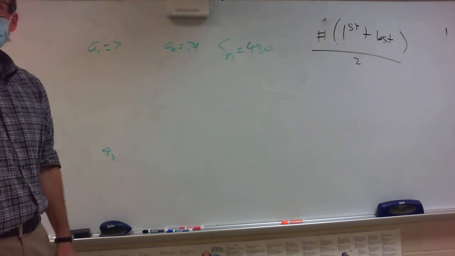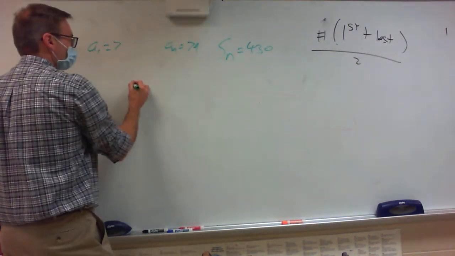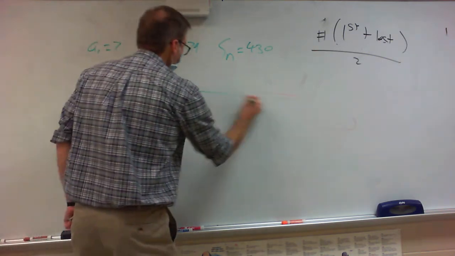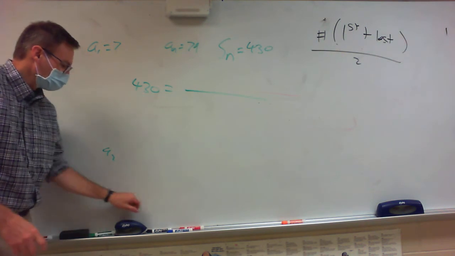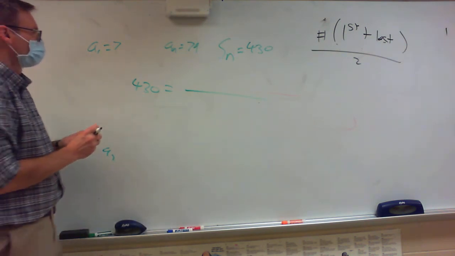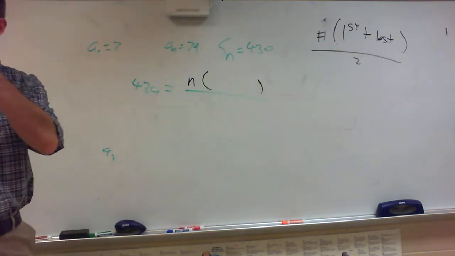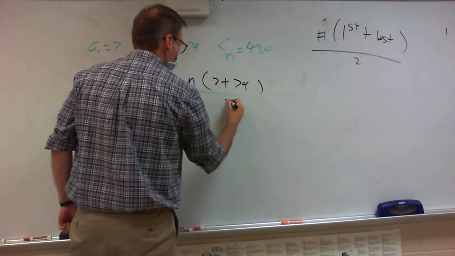So let's plug in what we know. We've got our formula. The sum is 430, and that's going to equal what? n, and then what's going to go in here? 7 plus 79, all over 2.